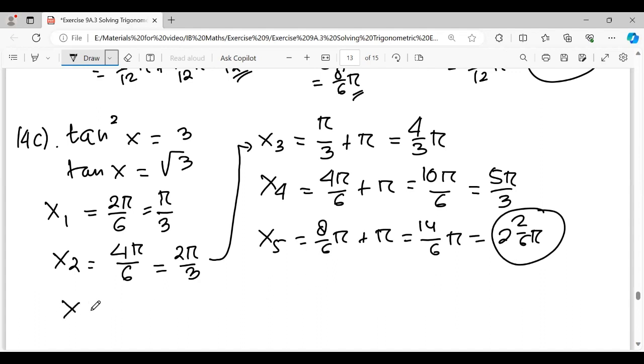So x are pi over 3, 2 pi over 3, 4/3 pi, or 5 pi over 3.